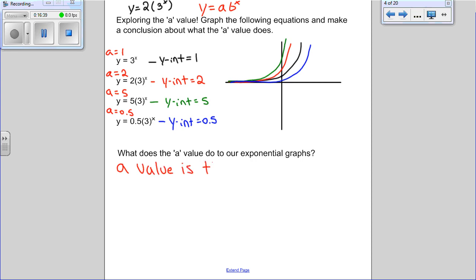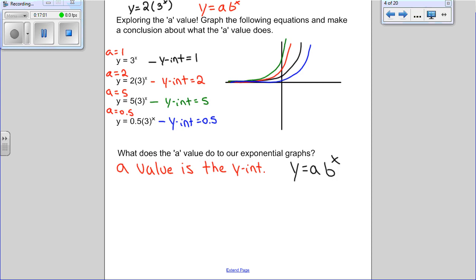The reason why: let's hypothetically create an equation that says y equals a times b to the x. The y-intercept is when your x value equals, what's the x value for all y-intercepts? It's 0.